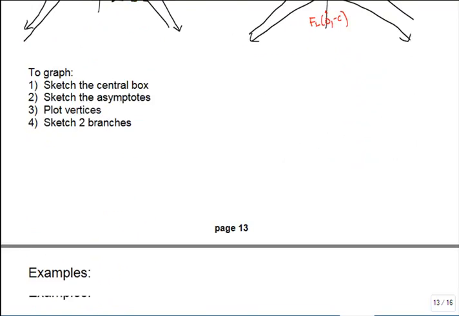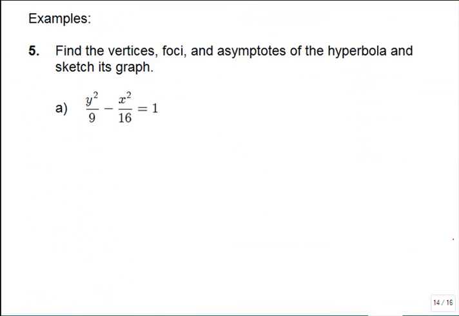So let's practice. Find the vertices, foci, and asymptotes of the hyperbola and sketch its graph. So here's my equation. What's important to note when you're doing your hyperbolas is which variable comes first, because that variable is where your vertices are going to be.